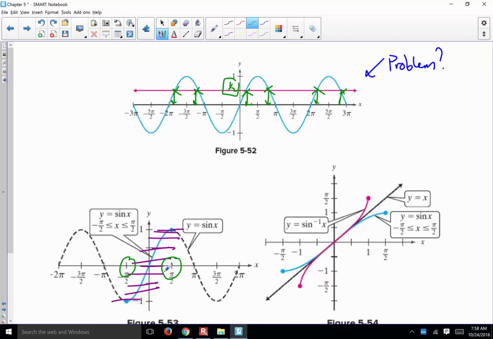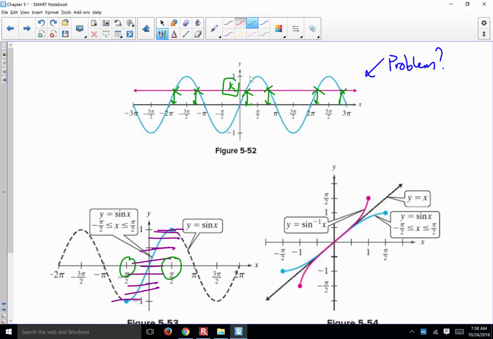π/2. Very important. When I ask you what is inverse sine of such and such value, don't tell me it's 3π/2 or 300 or 190. Impossible. The value you must be giving me is between -90 and positive 90.